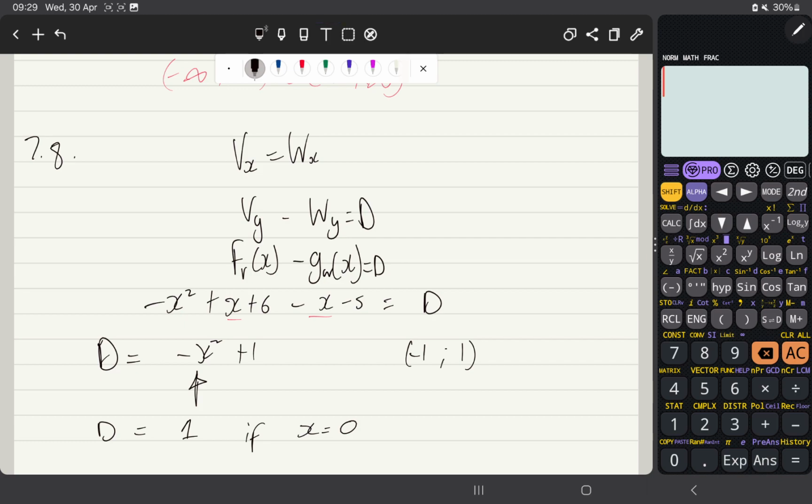And you realize that any value in this interval that is not 0 is gonna result in the distance being smaller than 1. So it means that the maximum value that D is going to take is 1 if x is equal to 0. And then that will be the maximum distance for VW, right?